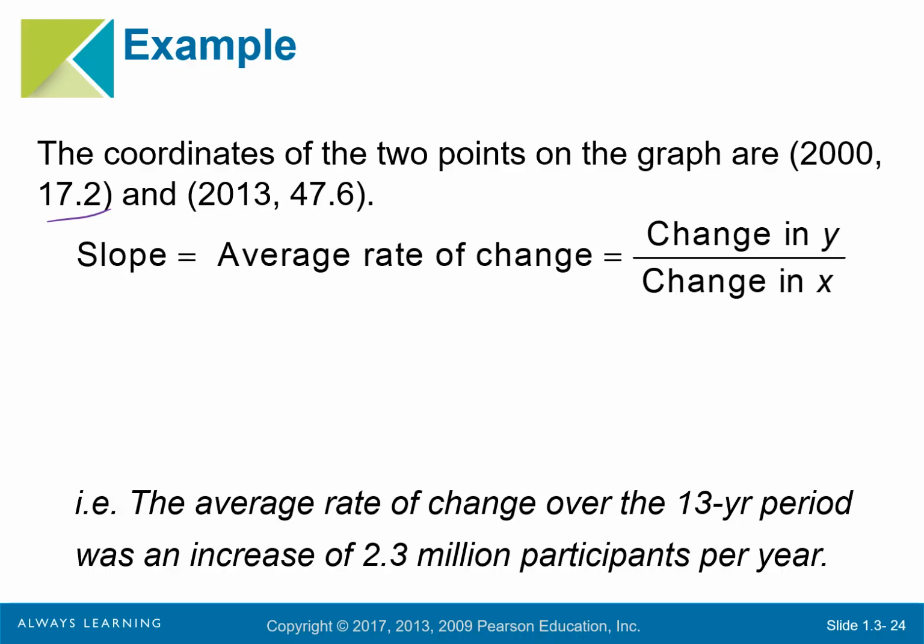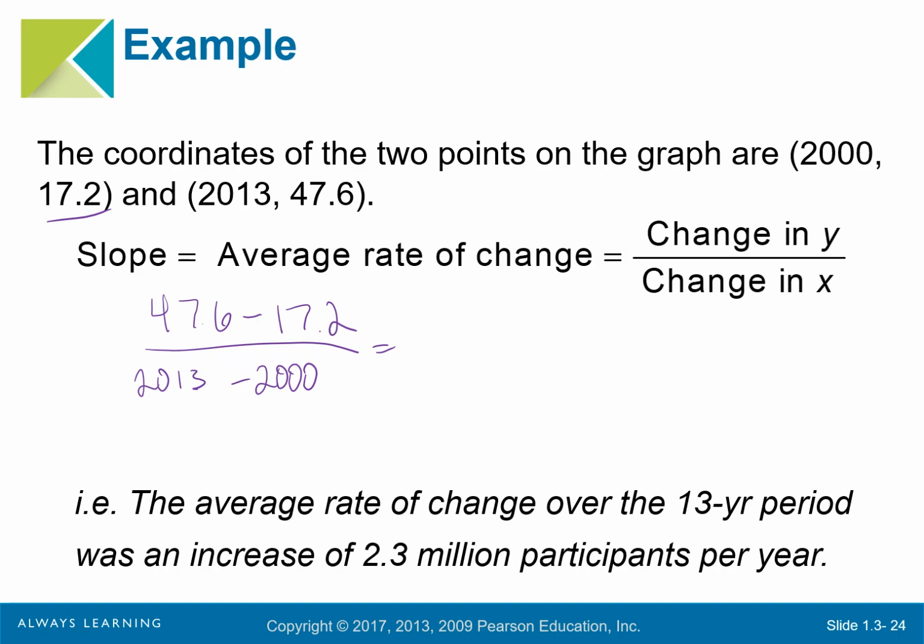And 2013, 47.6. So if we do our change in y, we get 47.6 minus 7.2, over change in x, 2013 minus 2000. Now that is going to be 30.4. I'm getting out my calculator.